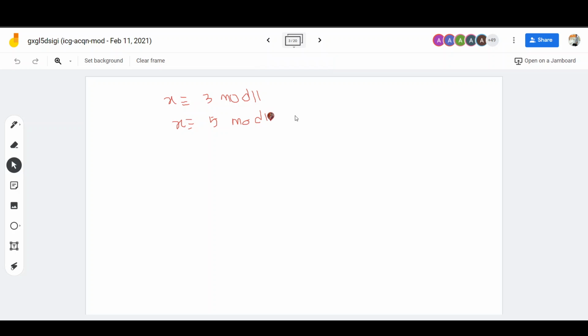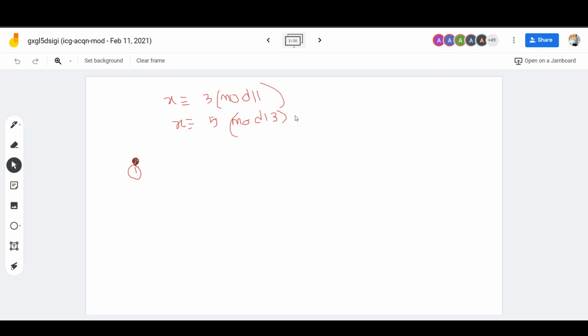How are you going to solve this problem? We need to find this unknown x value with the help of this information. So here step 1 is there.